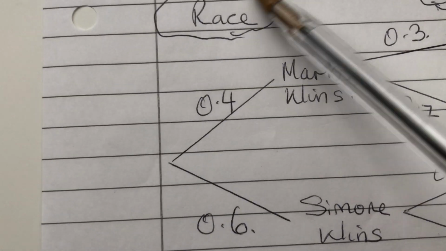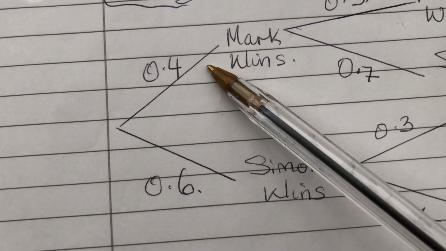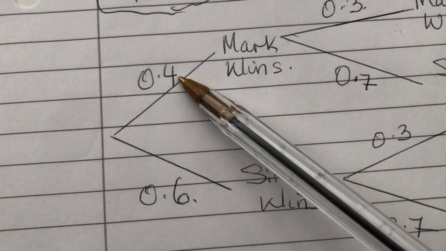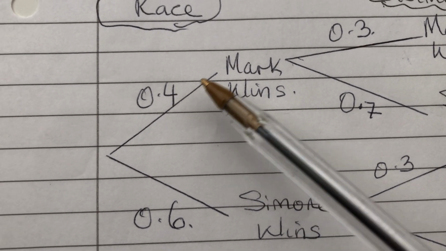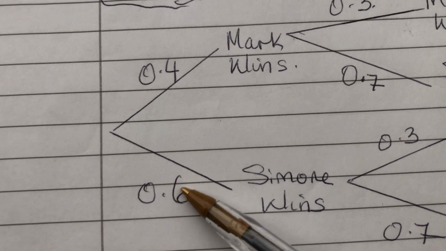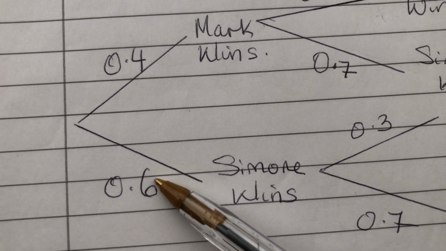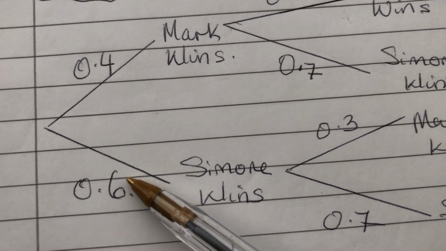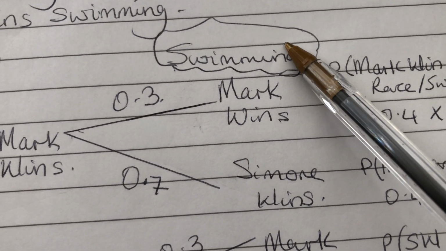So let's see what I did. First is the race. For Mark to win is 0.4. So if Mark has 0.4 probability to win, then Simon's win is 0.6. The probability of swimming, that's the second part.